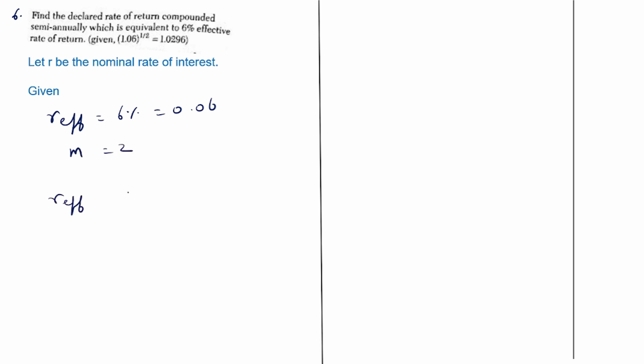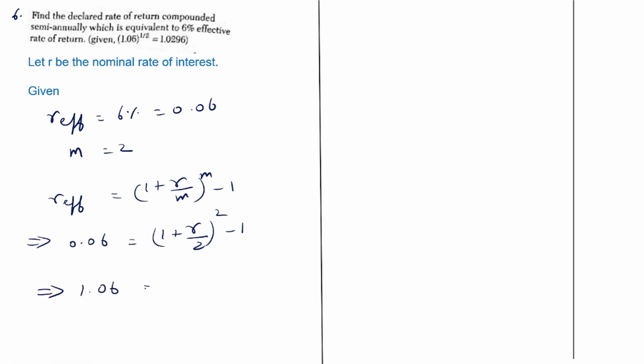So using the formula, R effective is equal to (1 plus R by M) the whole raised to M minus 1, we can find the value of R. This implies R effective 0.06 is equal to (1 plus R by 2) the whole square minus 1. In all these questions that I have discussed, writing the formula is very, very important. Formula alone carries 1 mark and the final answer carries 1 mark.